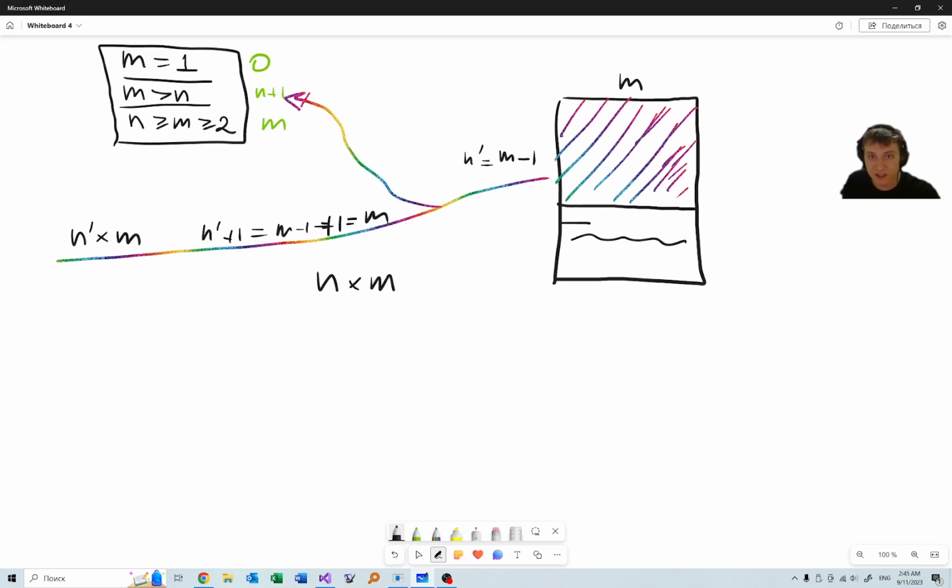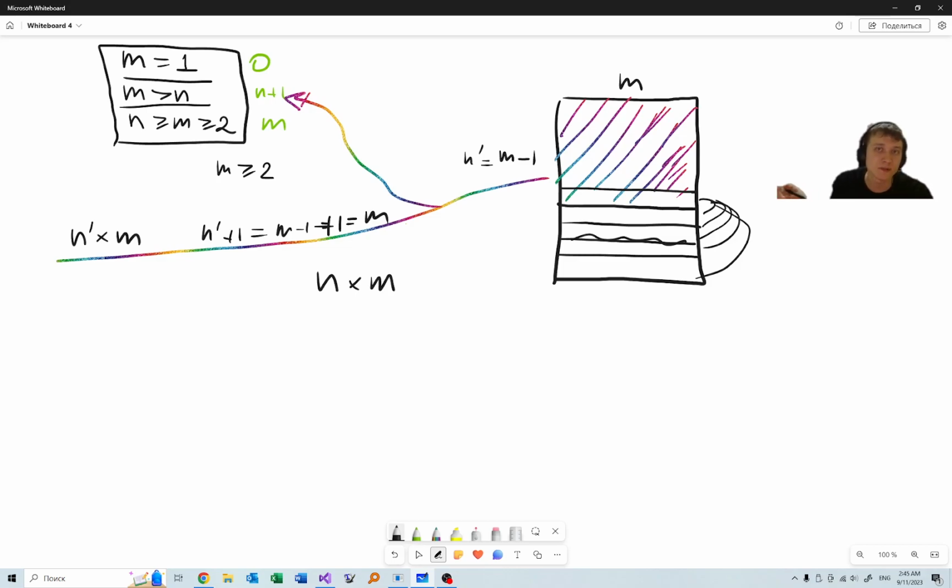But if there is this part, there is no problem, because you can just take any row from the upper part and duplicate it as many times as you want. This will not affect the answer at all. Actually, note that we used that m is at least 2, because if m is 1, then n prime would be 0.